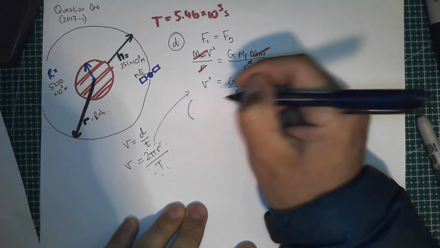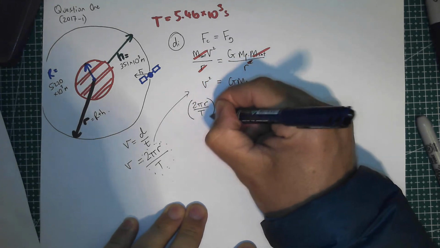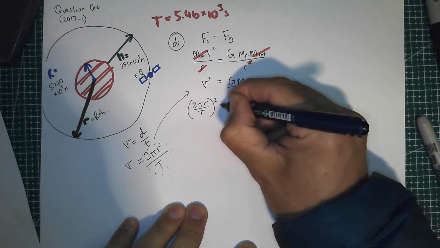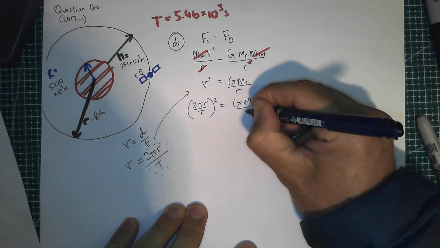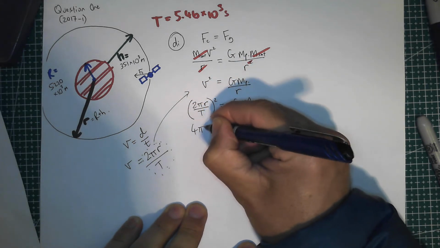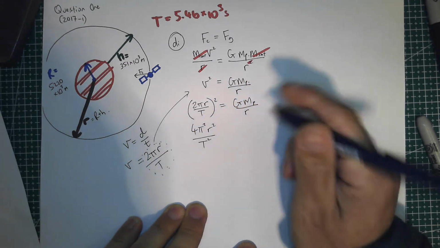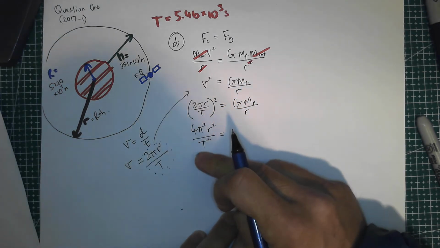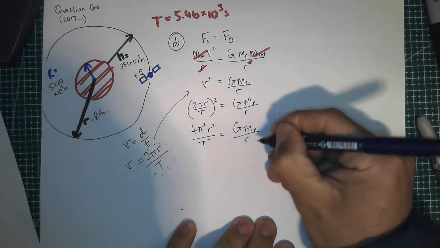So this becomes 2 pi r over T squared equals G mass of the planet over r. Don't forget to square the T at the bottom as well.